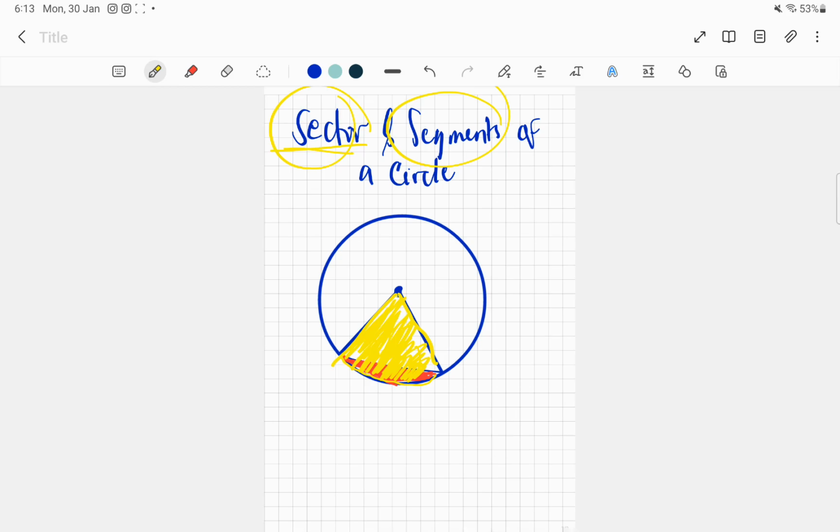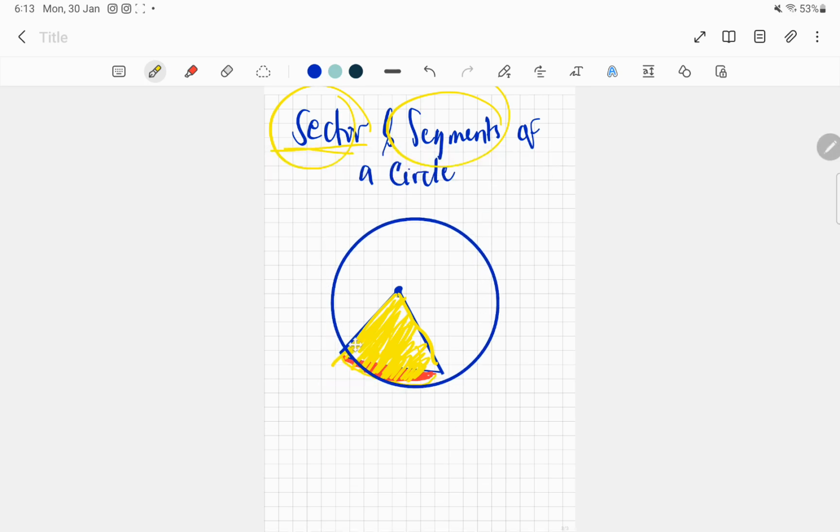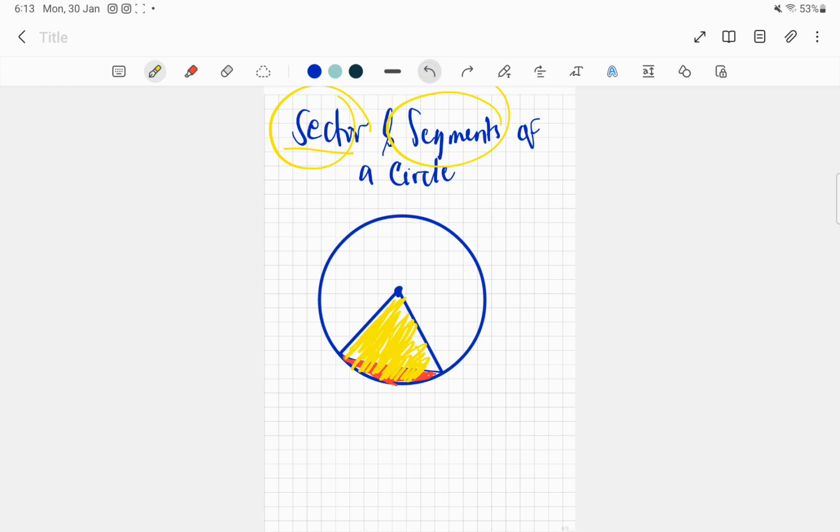While si segment, it is a region bounded by an arc and its chord. So, itong naka-shaded region na red, yung pulang shaded region na yan, iyan ang ating segment.